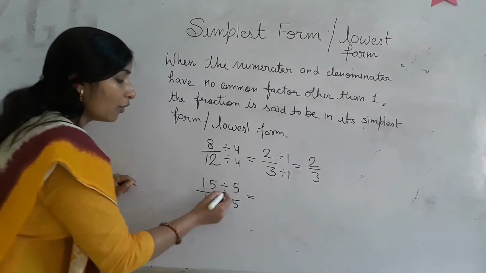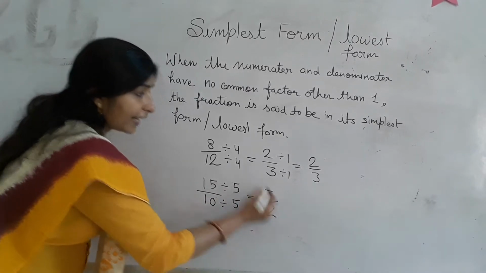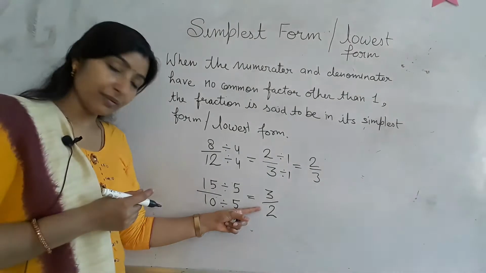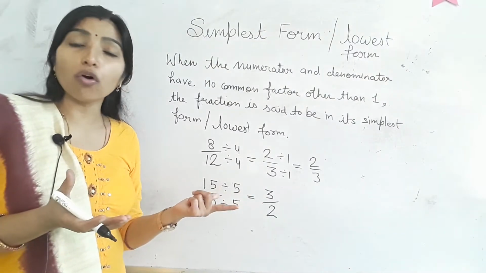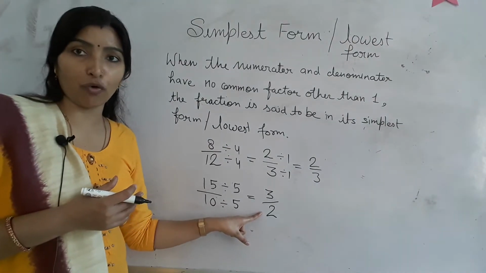Okay, so 5 3s are 15 and 5 2s are 10. So this is our answer because 3 and 2 have no common factor other than 1. So it is its simplest form.